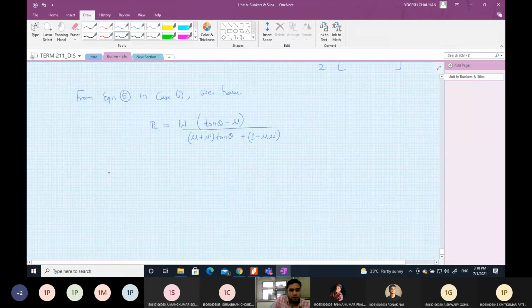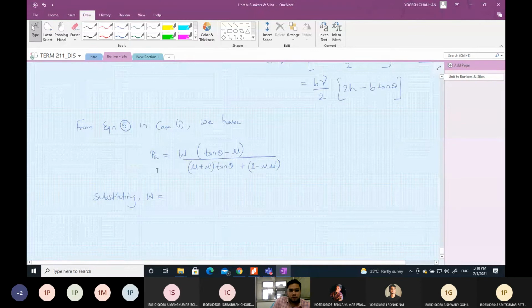Okay, now we can substitute the value of W. Substituting W, that is equal to B gamma by 2 into 2h minus B tan theta.